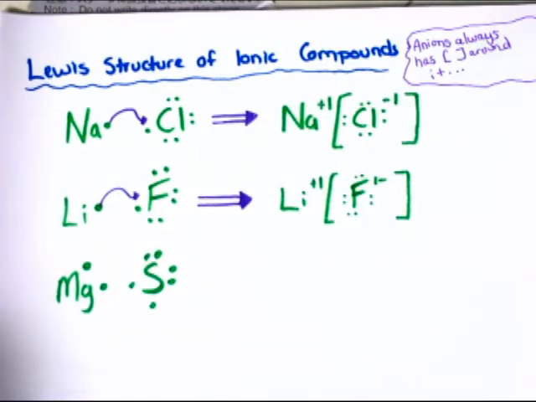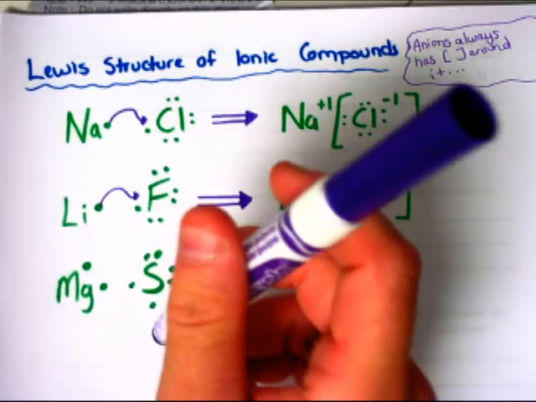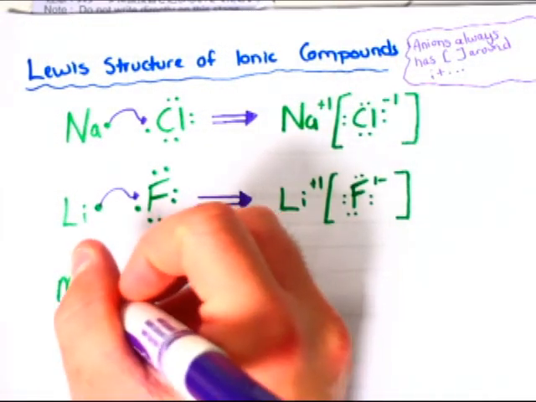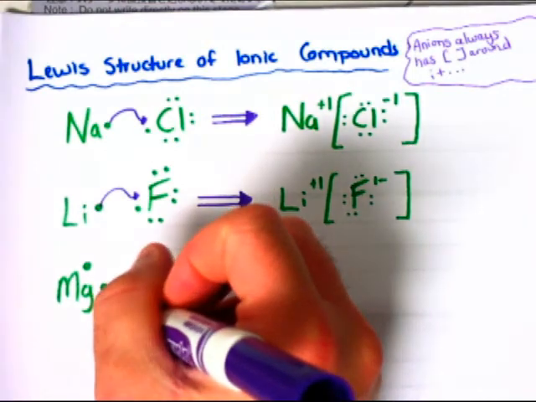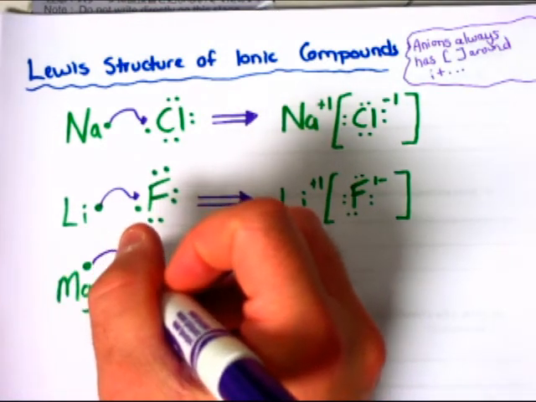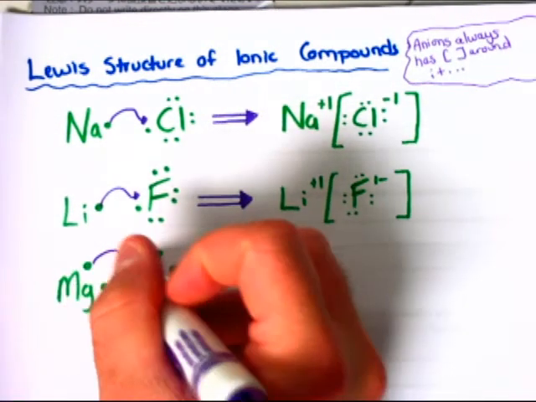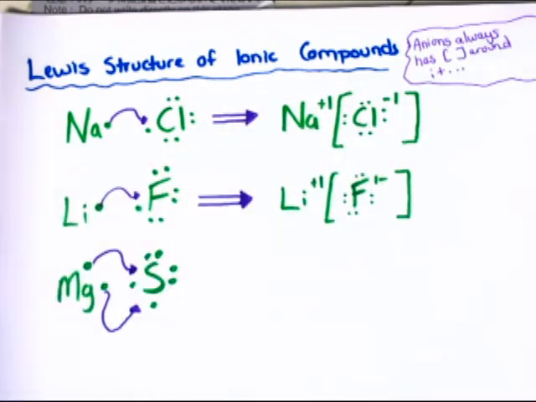Who's going to be losing the electrons today, magnesium or sulfur? And who's it going to lose it to? Okay, so we draw the arrows from magnesium to sulfur. Notice that we're drawing 2 arrows this time though, because magnesium is going to give up 2 electrons.